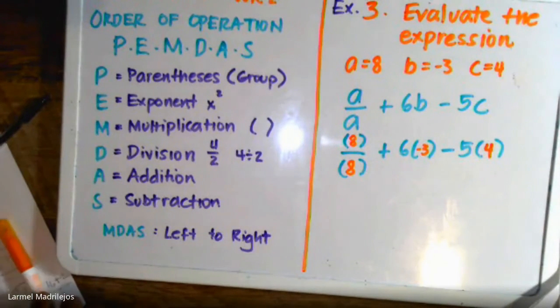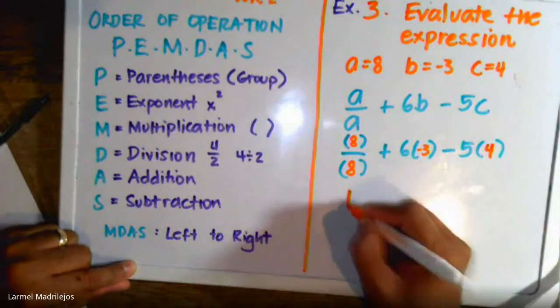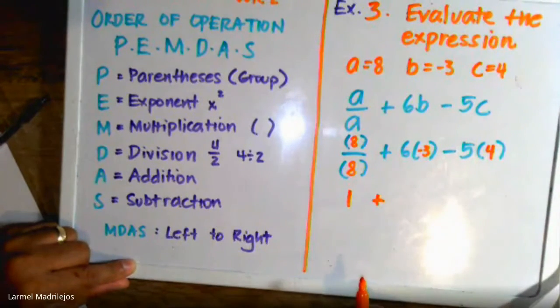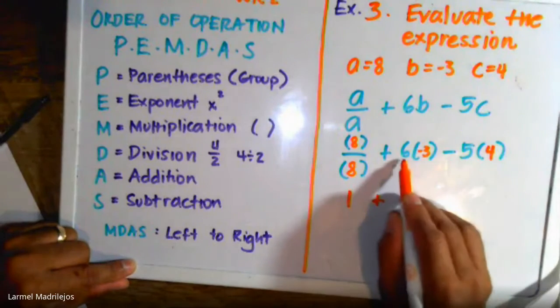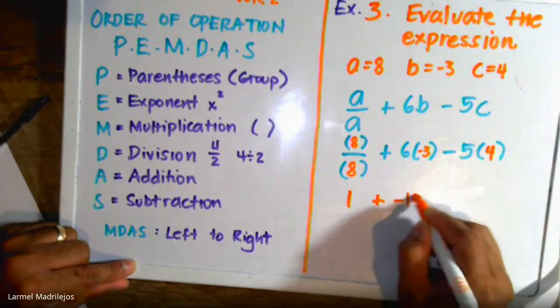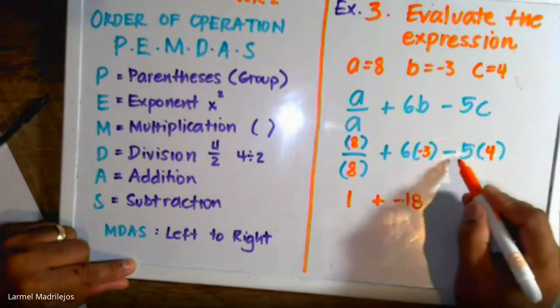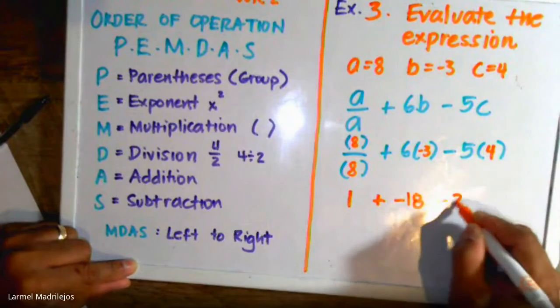Let's start with this. 8 divided by 8 is simply 1. Next is a positive 6 multiplied by negative 3, it's negative 18. Negative 5 times 4 is negative 20.